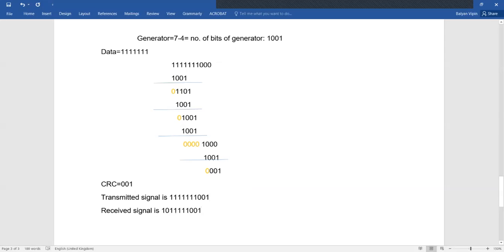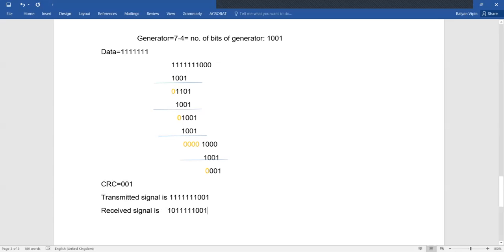So basically it's 7 bits again. By looking at this, we can easily tell this is the signal which is received with error. The receiver and transmitter both know what the CRC bits are, because before starting communication, they share the CRC bits.